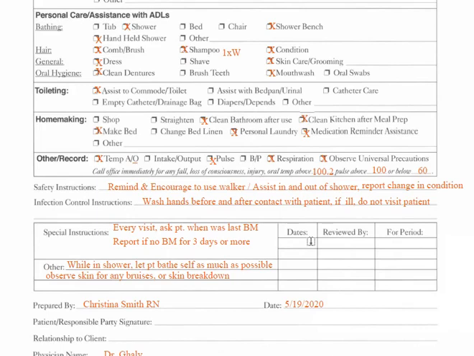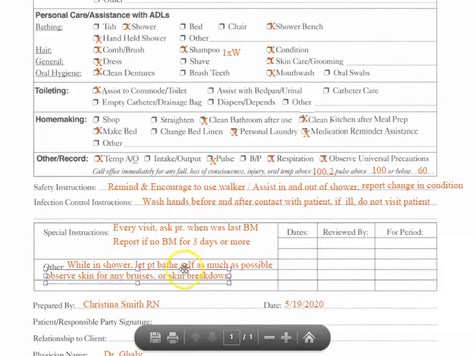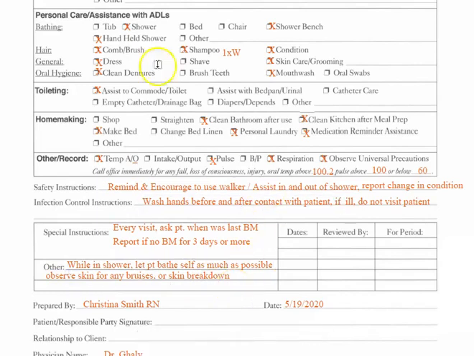So it depends if we're working in home care and how, even though it's non-medical, they try to help people with these things. And what are we going to do? We're going to look in the shower, observe skin for any bruises or skin breakdown. So that is a care plan.